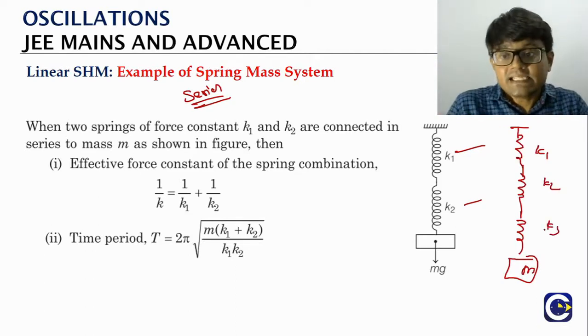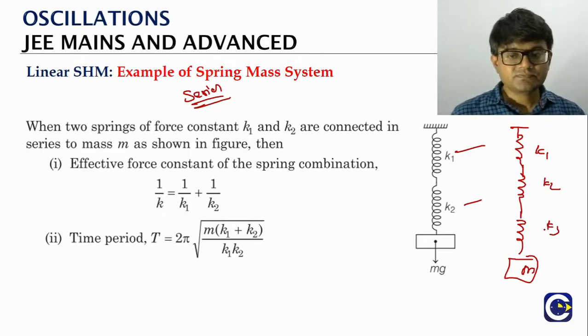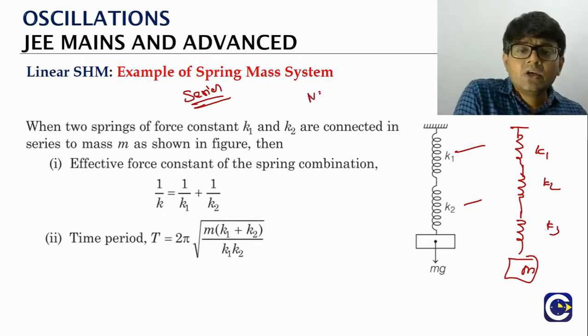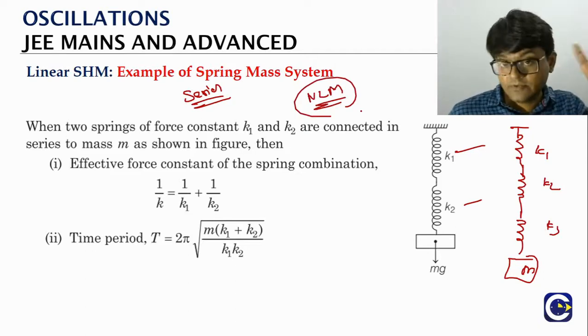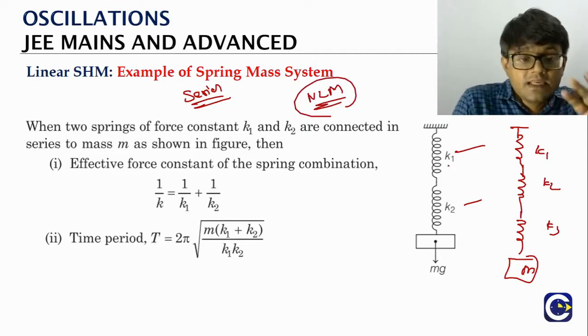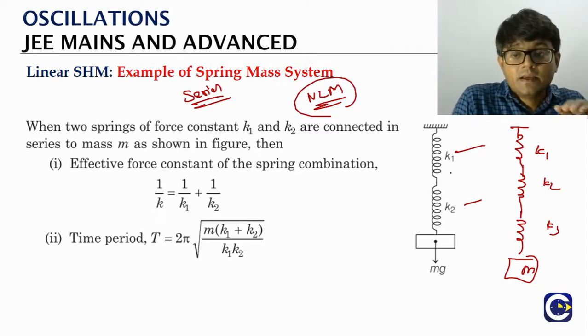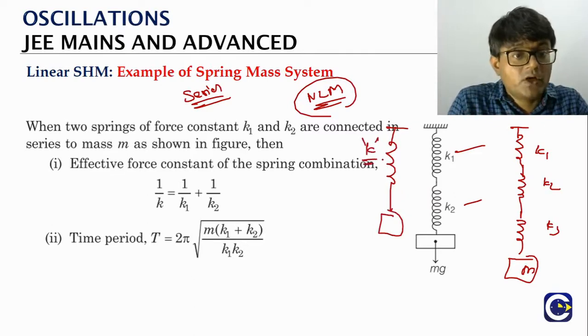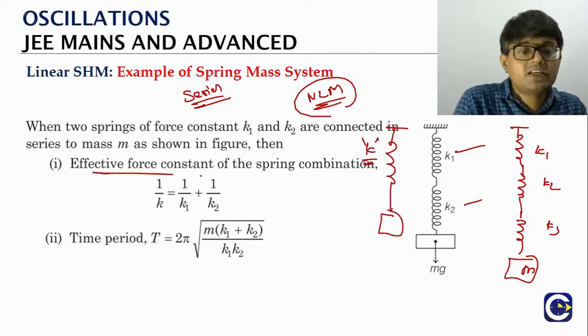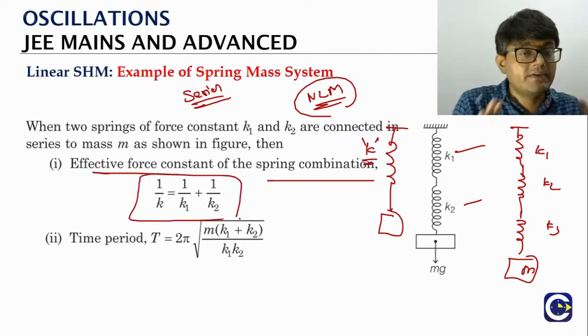For the series arrangement of springs, we have discussed this in Newton's laws of motion, so maybe you can go and check that video once. If you want to replace these 2 springs with 1 spring with a spring constant K, that is what we call the effective or equivalent spring constant. The effective spring constant for the series combination is given by what?